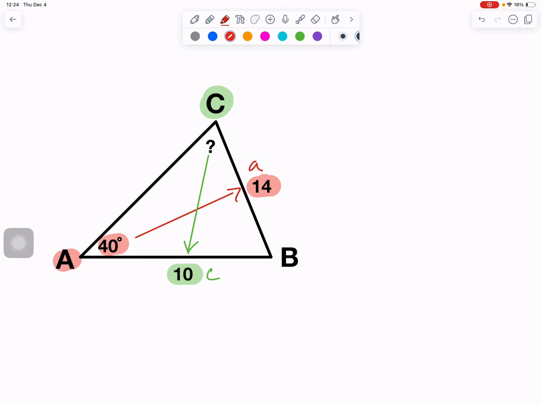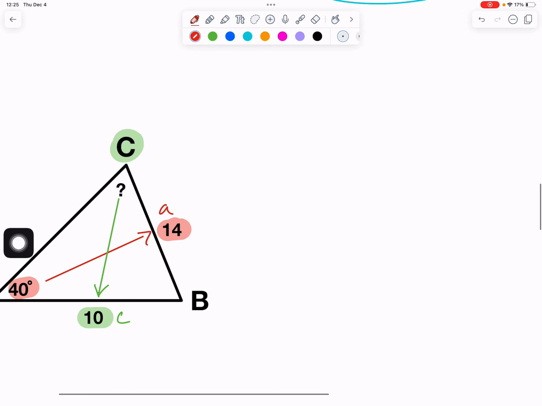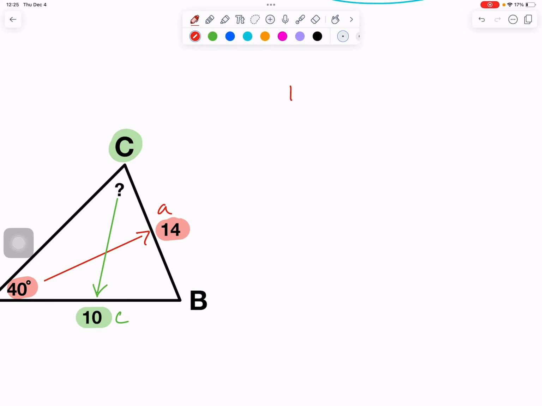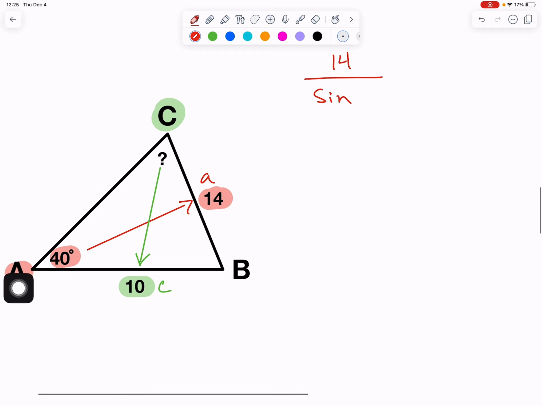All right, so again we will do side A over the sine of angle A. The side A is 14. Let's set this up right here to make sure we have enough room. We put that over the sine of angle A, and we know that the angle of A is 40.